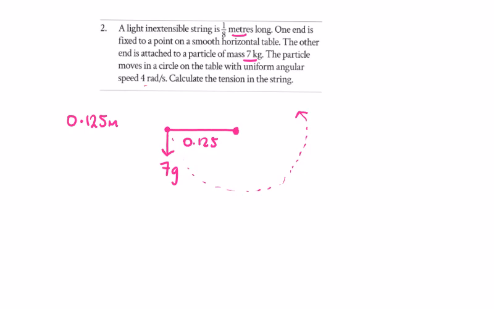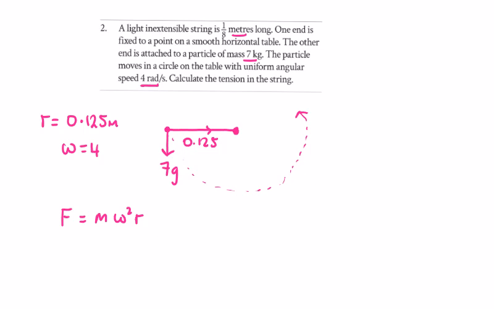And we have the angular speed here. W is equal to 4, and the radius is 0.125. So the formula required here, the centripetal force in this case going towards the center, is m W squared r.